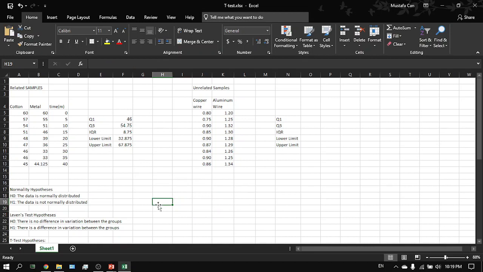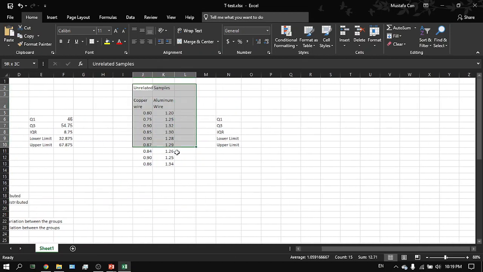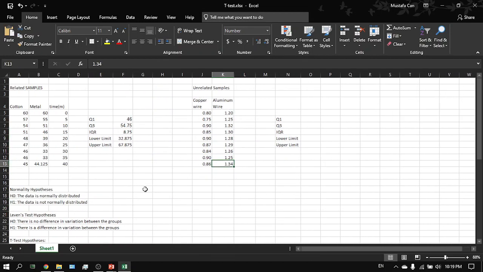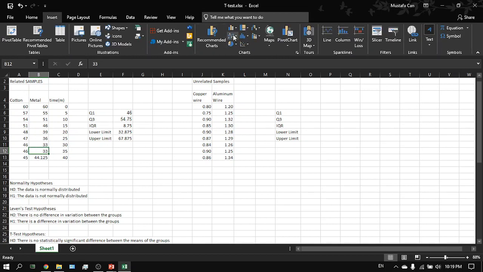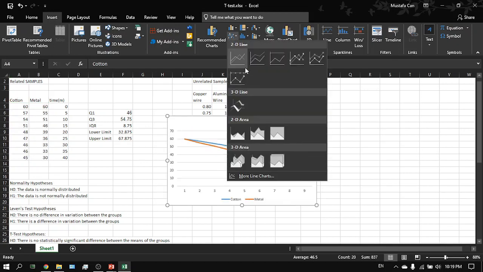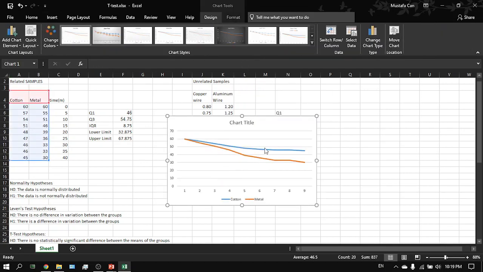I delete my values here and I go to unrelated samples. Let's see. No, wait. I can draw the graphs of these if you want. When you're representing these types of graphs, you would want to do a line graph for these two. Let's see if I can do it right. Yes. So how do I do it?